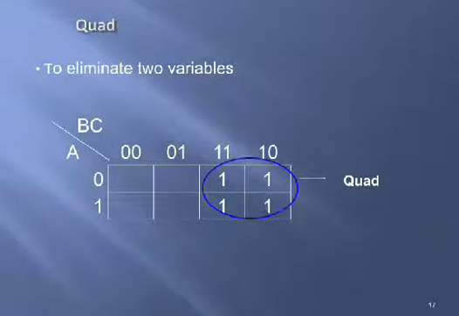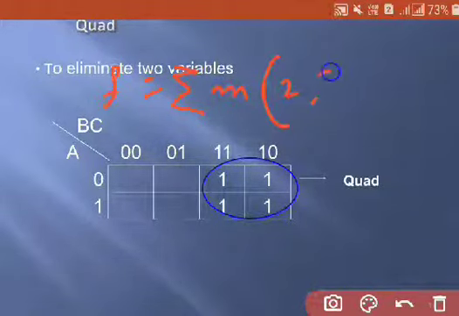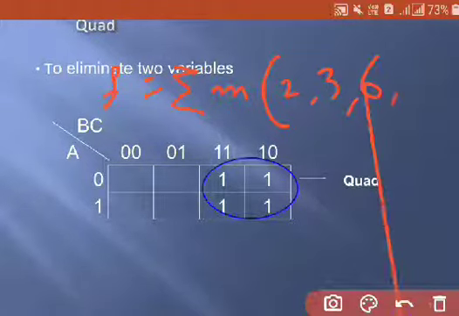So the function for this will be F is equal to summation m of 2, 3, 6 and 7. For this function, this is the K-map.